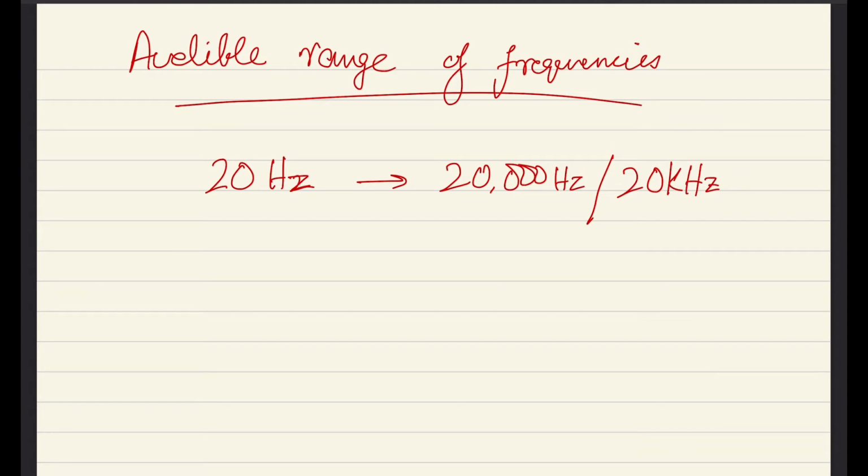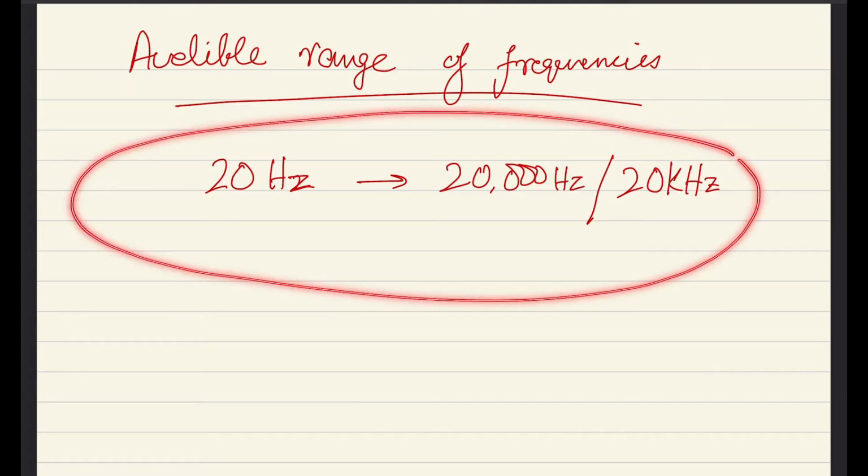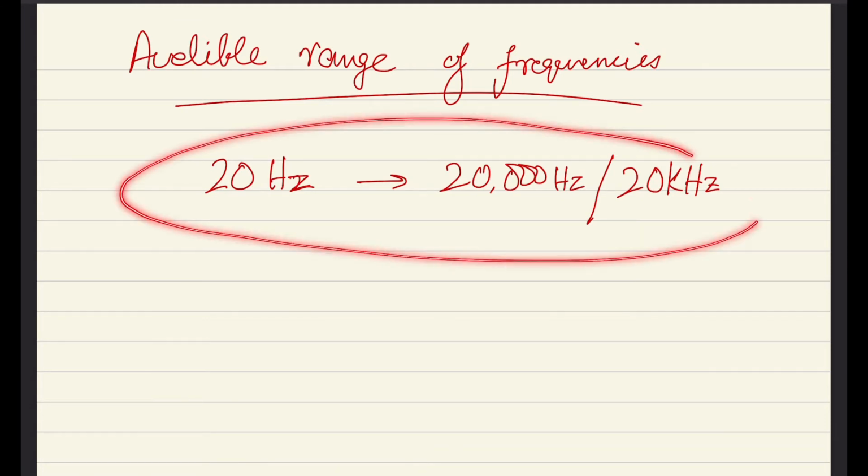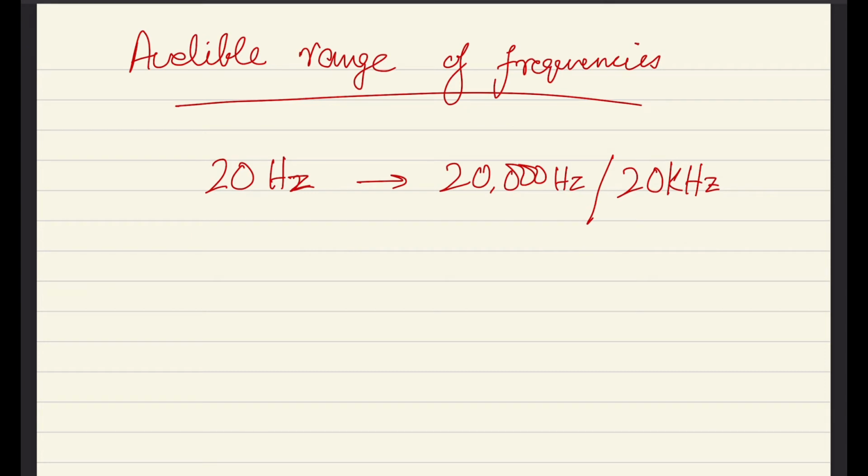All the sounds that are in between this range are audible to humans. Some animals may hear sound above or below this frequency range, but the sound waves in between this range are audible to humans.